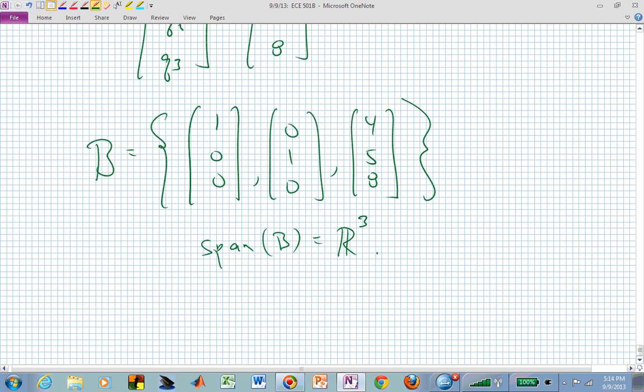They're not orthogonal, which may be an issue, but it's still a basis. And it may give me a weird coordinate system, but it's still a basis.